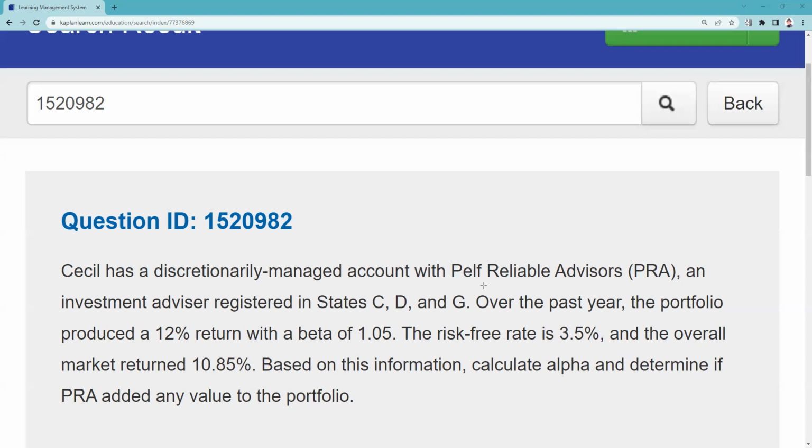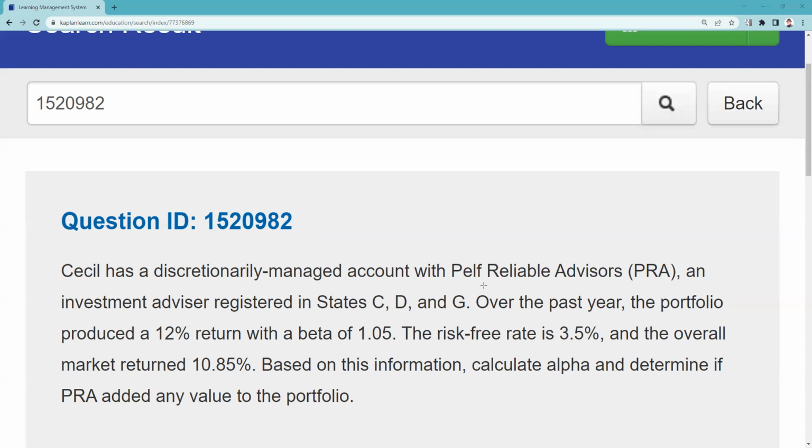All right, so Cecil has a discretionary managed account with Pelf Reliable Advisors, an investment advisor registered in states C, D, and G. Over the past year, the portfolio produced a 12% return with a beta of 1.05. So a little more volatile than the market as a whole. The risk-free rate is 3.5.